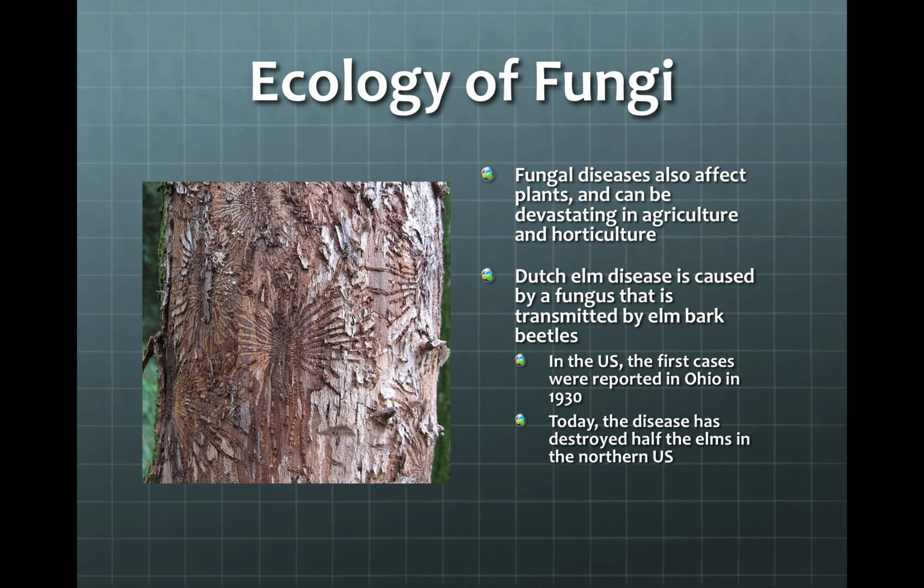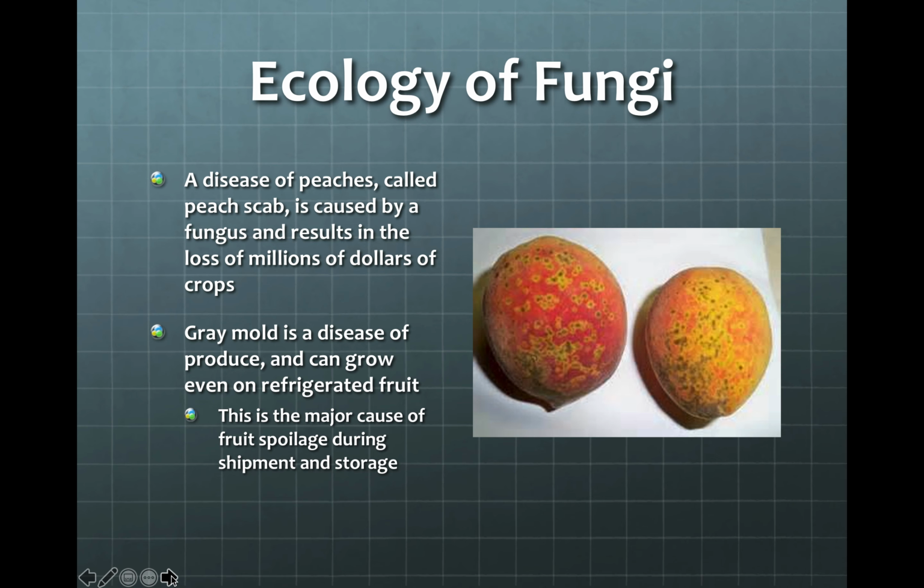And in the U.S., the first cases were reported back in the 1930s in Ohio. And then today, it is so common that it's destroyed about half the elms in North America. So this is a very serious fungal disease that has wiped out a huge population of elm trees. And like I said, chestnut blight is very similar, but it's with a chestnut tree.